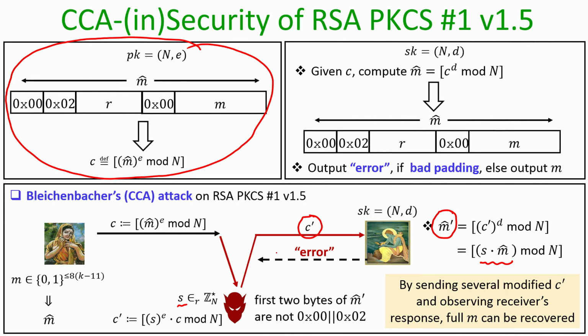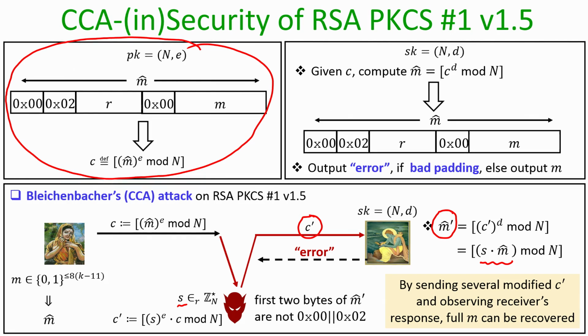Now the adversary can send several such modified c dash with different values of s, and by observing the behavior of the receiver for each modified ciphertext, the adversary learns some equations.